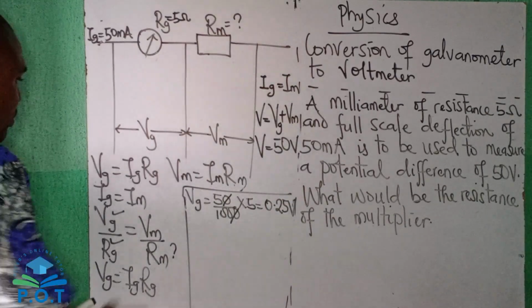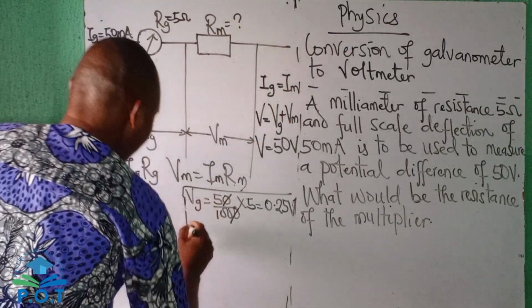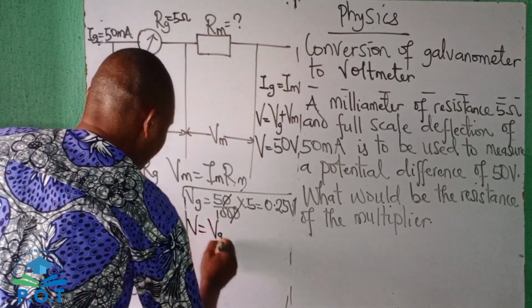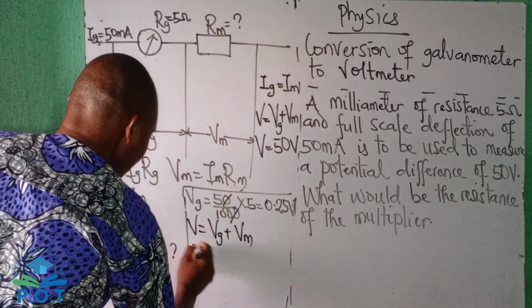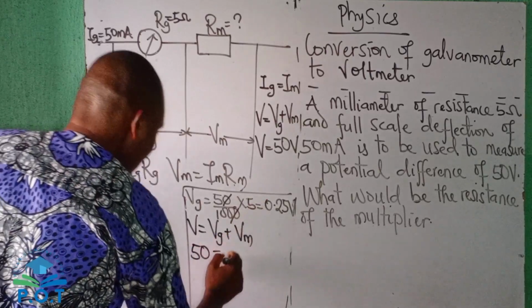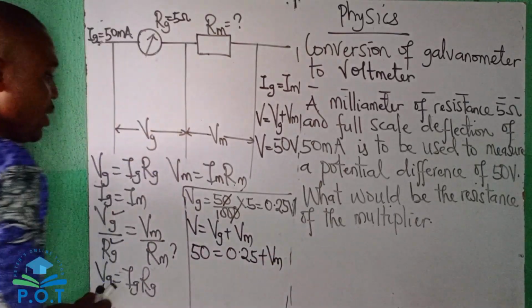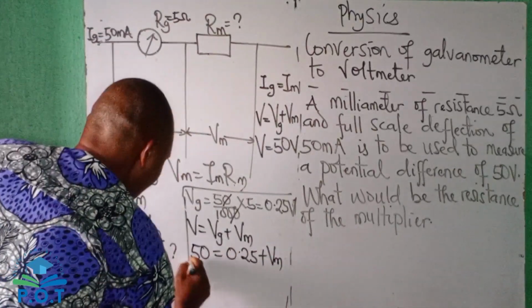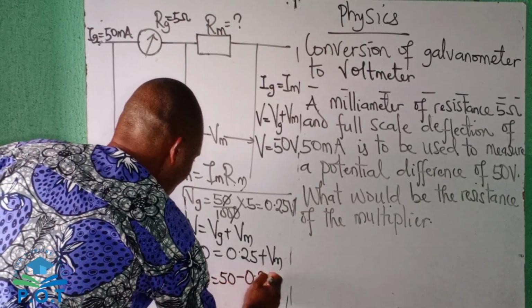Now let's get our Vm. Come back here. We have that V is equal to Vg plus Vm. Our V now is 50, our Vg is 0.25, plus Vm. So our Vm now equals 50 minus 0.25.